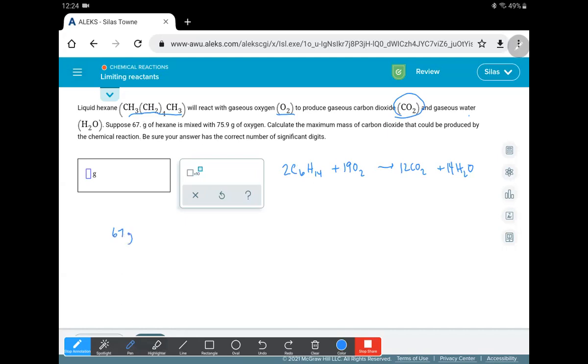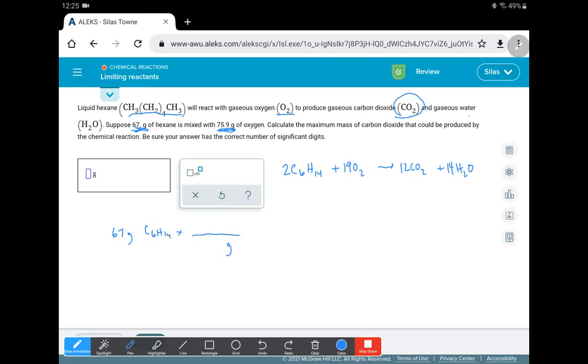Another key to notice here is hexane has 2 significant figures. Oxygen has 3. So if oxygen is our limiting reactant, then we have to solve with 3 significant figures. If hexane is, then we solve with 2 significant figures. So kind of a weird one with significant figures here. So 67 grams of our C6H14.